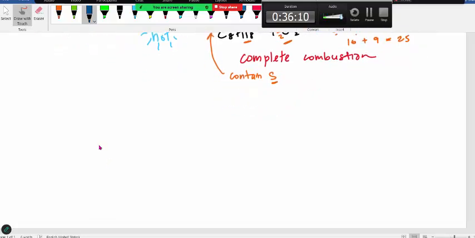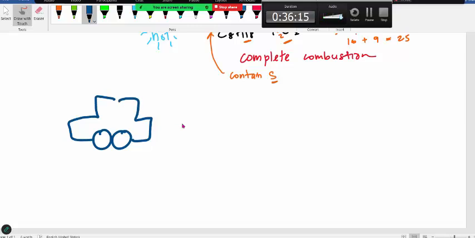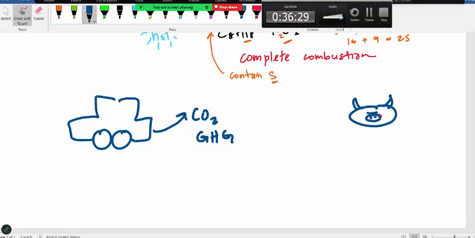Now, I draw another car because that car is full already. We already know the car releases carbon dioxide, which is a greenhouse gas, right? Now, what happens if you have a lot of cattle? This is not a pig, this is supposed to be a cow. Cattle, right?